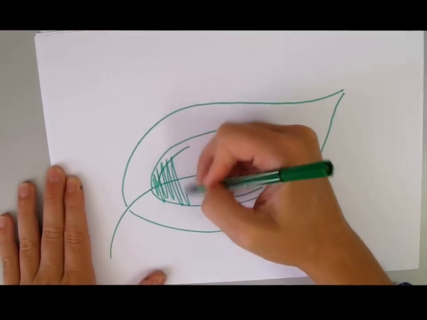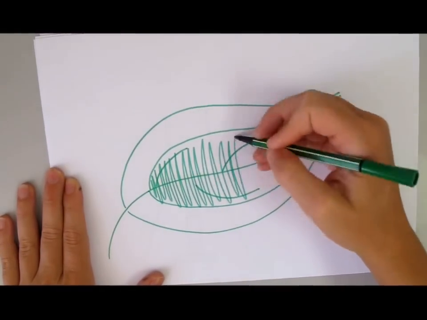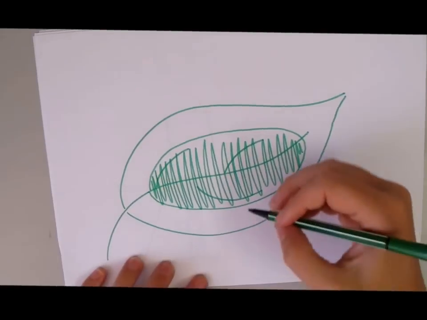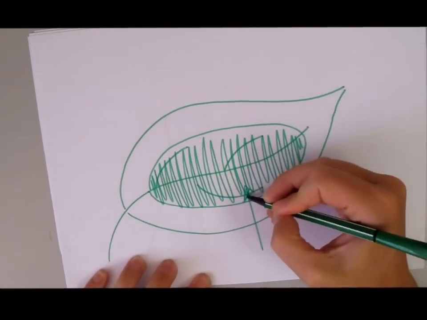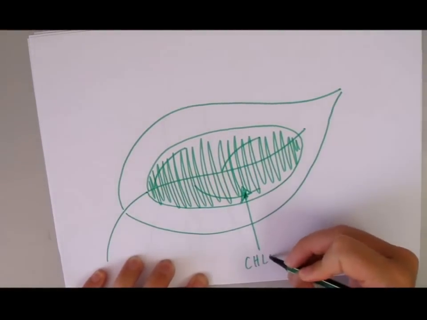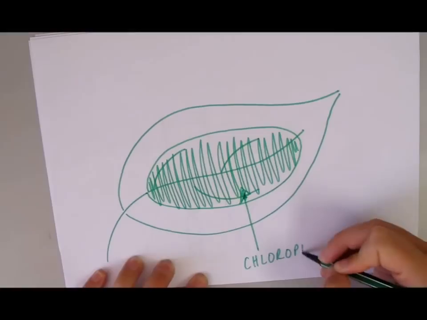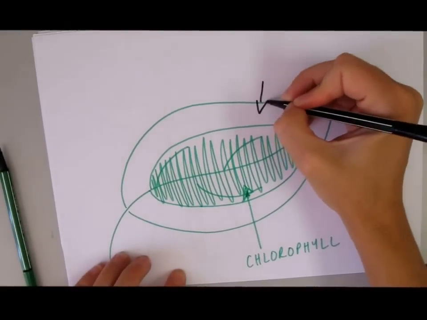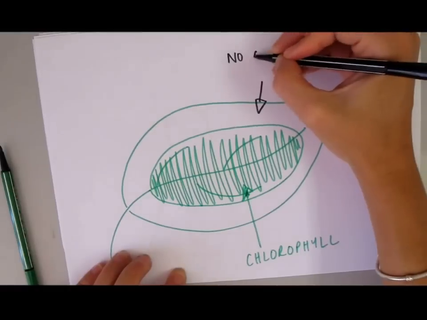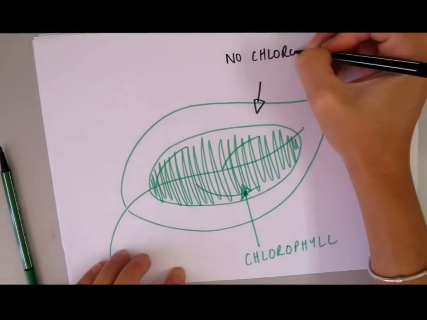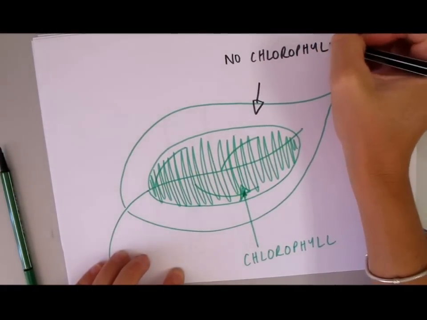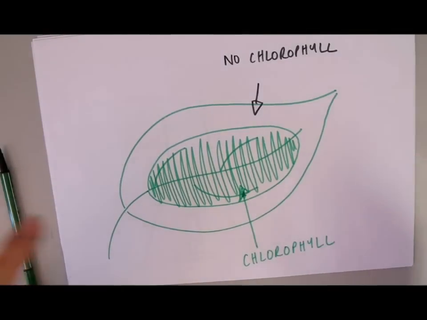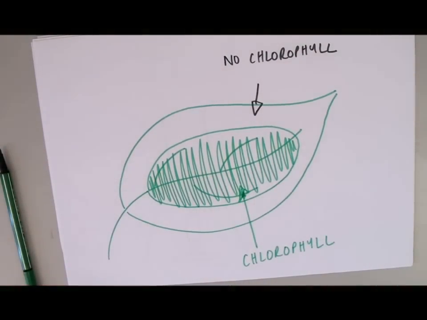So what we're looking for is a leaf that is green in one area and white in the other area, because in this area there is chlorophyll present, whereas in this area there is no chlorophyll present. So we should therefore be able to see how chlorophyll affects photosynthesis.